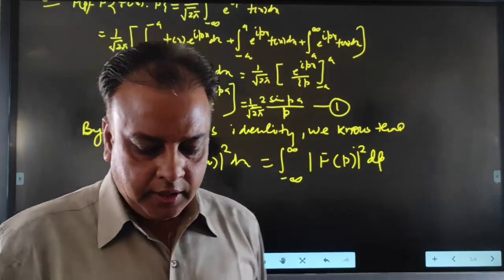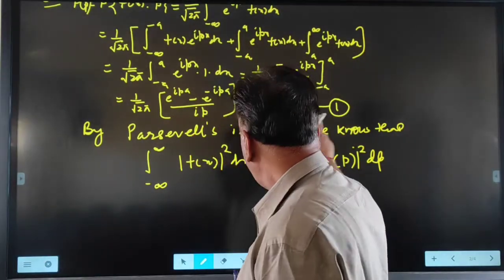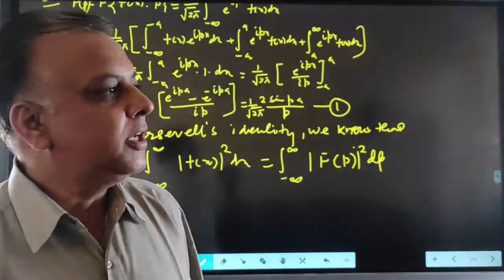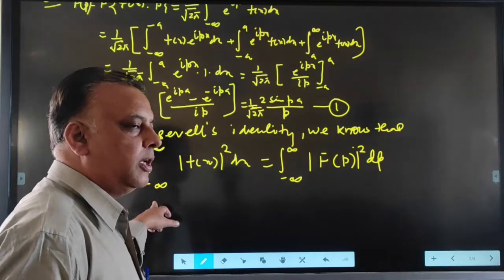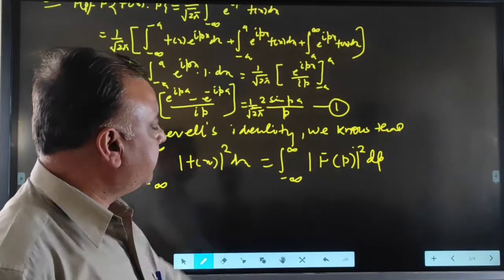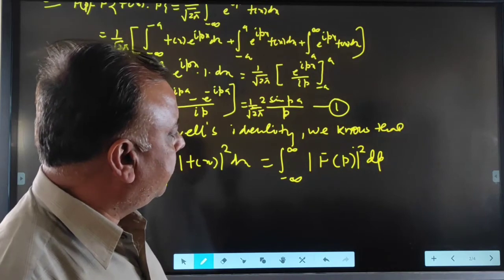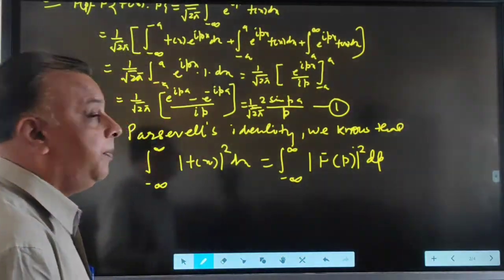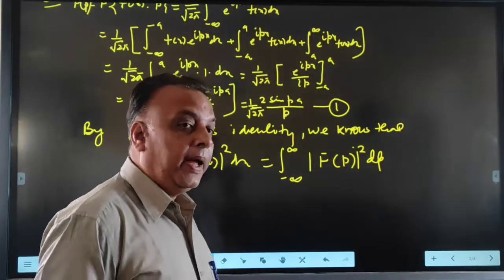We found the Fourier transformation by equation first, and by using Parseval's identity for the complex Fourier transformation, we know that the integral of mod f(x) squared dx is equal to the integral of mod F(p) squared dp. We have already obtained the value of F(p).